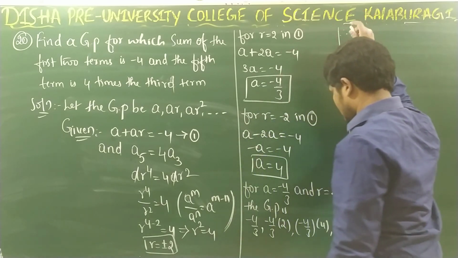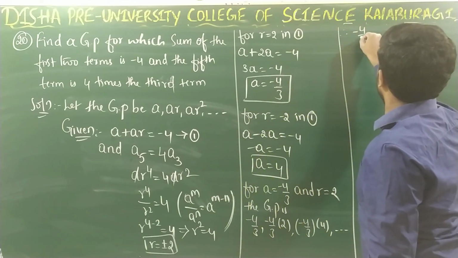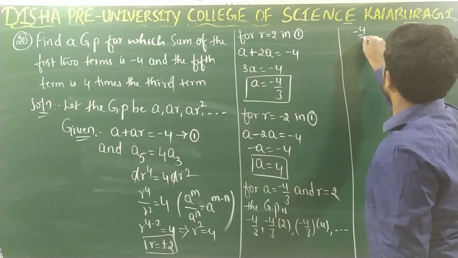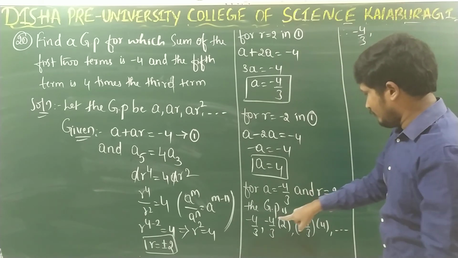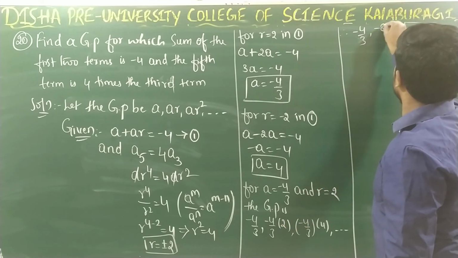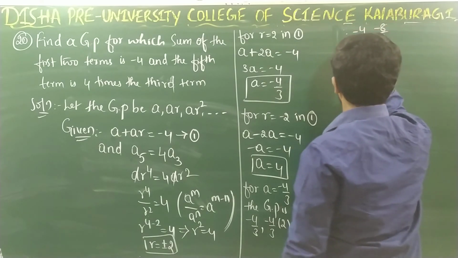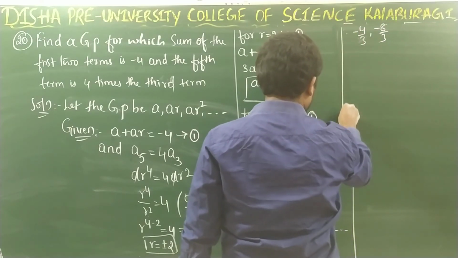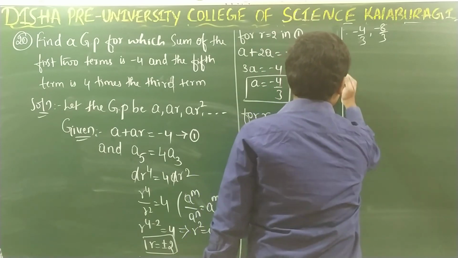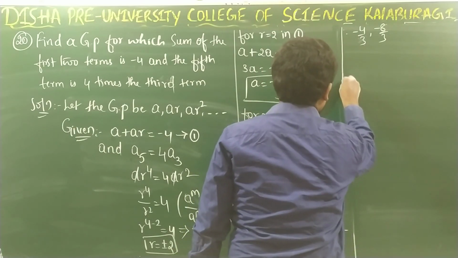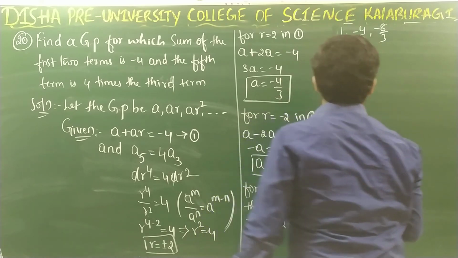So what will be your GP? Therefore, minus 4 by 3, comma, 4 into 2 is 8, so minus 8 by 3. Right?